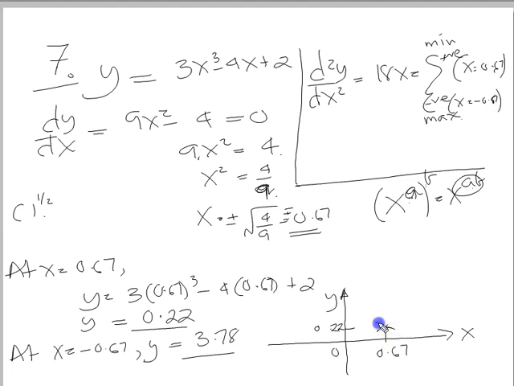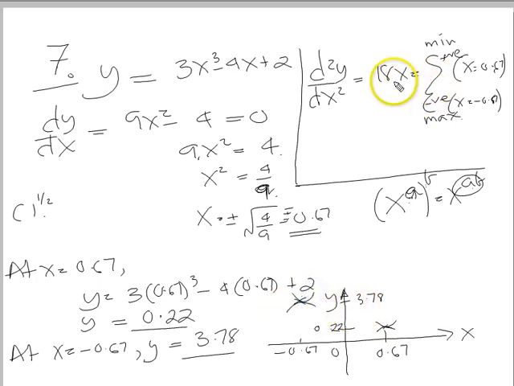So we don't know whether it's max or min until we look at the next piece of the jigsaw. And the other thing we said was at minus 0.67 here. So we had the input of minus 0.67 and the output was 3.78, which is considerably higher, isn't it? And this value is, I'll put it over here for room, 3.78. And again, we didn't know whether that was a min or a maximum.